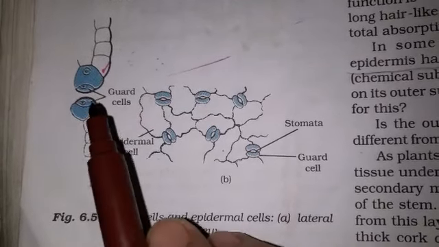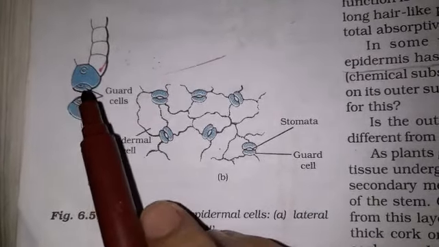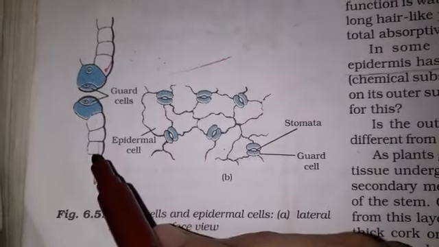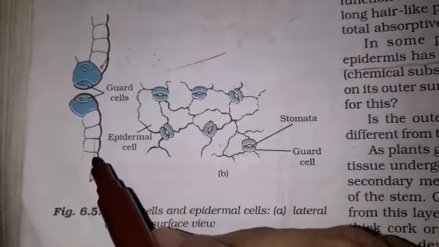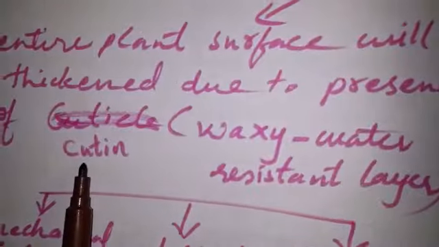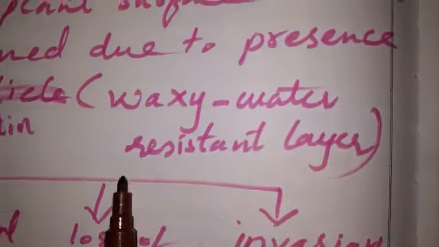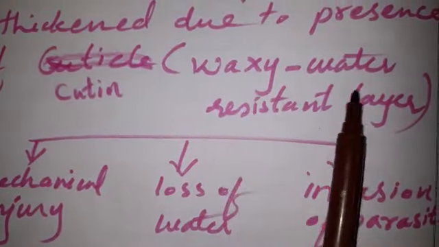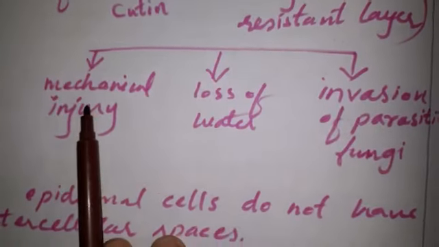Usually the epidermis is a single layer. Sometimes thickening will be there, and that thickening is due to the presence of cutin, a waxy water-resistant layer. What does this waxy layer do?